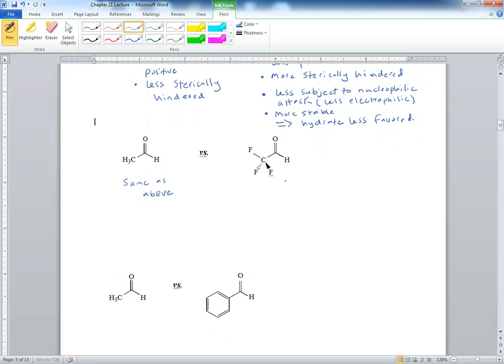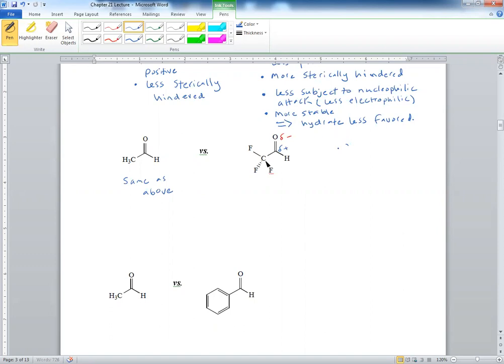Once again, we have a delta positive, and oxygen is a delta negative. So what's happening here? Well, we have an electron withdrawing group.